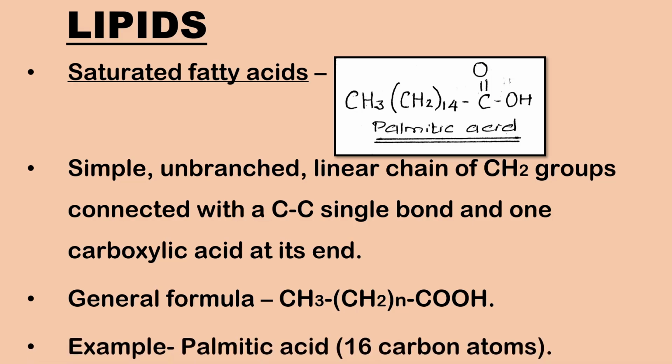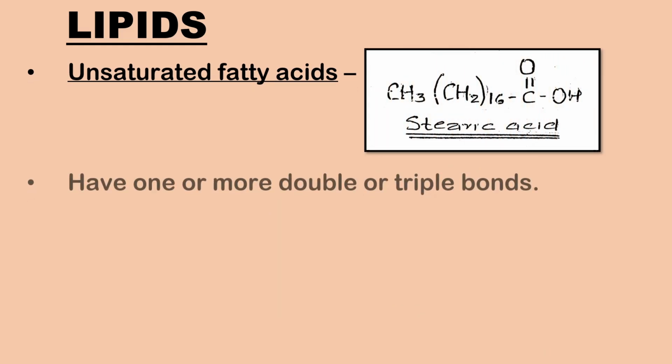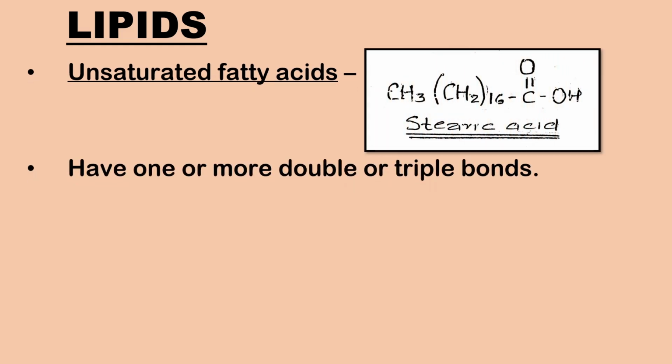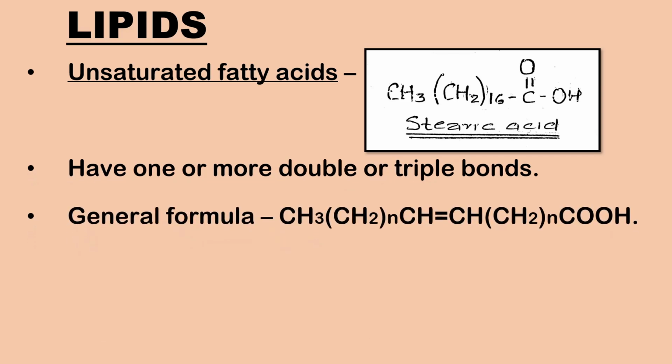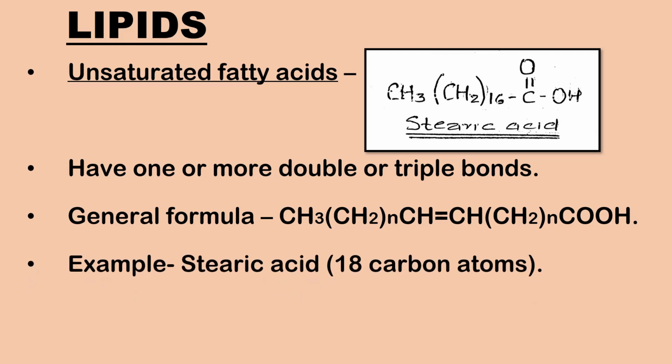Palmitic acid is a saturated fatty acid with a 16 carbon chain. Unsaturated fatty acids have one or more double or triple bonds. The general formula is as shown, where N can be any integer. Stearic acid is an unsaturated fatty acid with an 18 carbon chain.